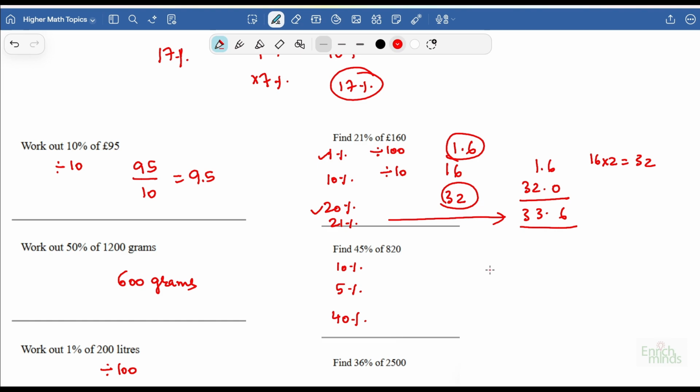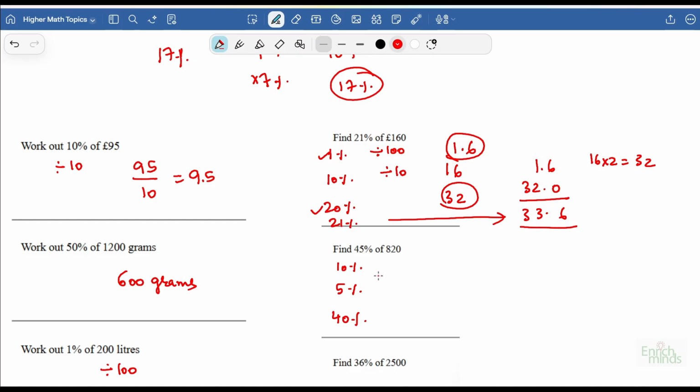Or you can have an alternate approach. You can find 5% of the quantity and then 50% and subtract them to get 45%. Any of them should yield you the same answer. So whatever you find easier, you can go with that. So I'm going with this approach now.